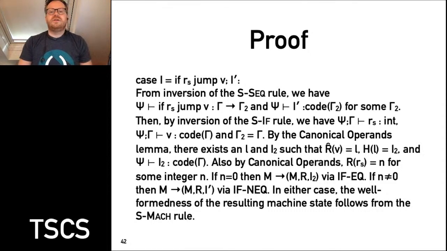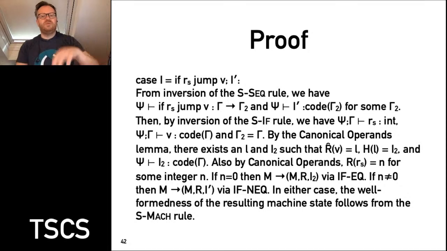And this new sequence needs to be of code gamma 2 for some gamma 2, because if we do not execute the jump, the next instructions must match. Then you invert the SIF rule, and then you see that gamma 2 must be the same as gamma, because the if does not change gamma.